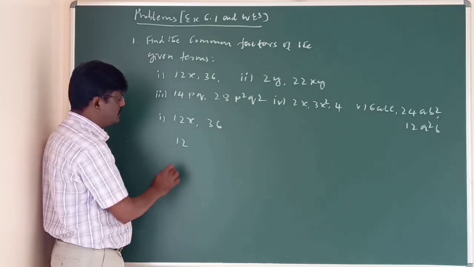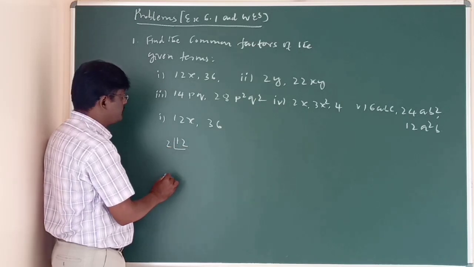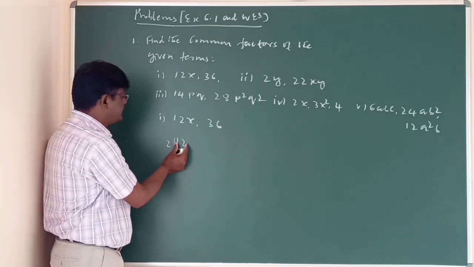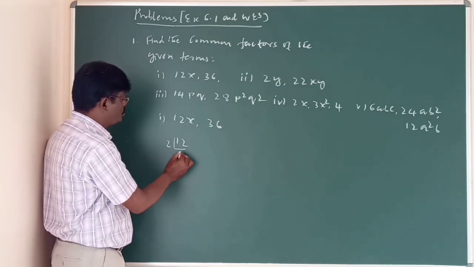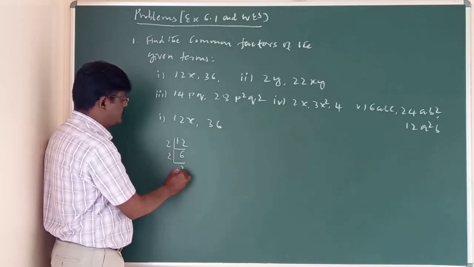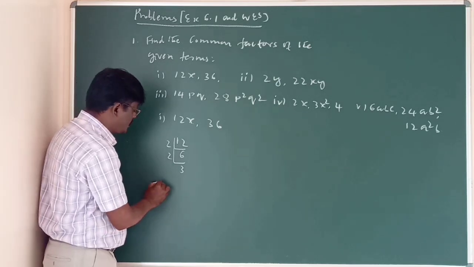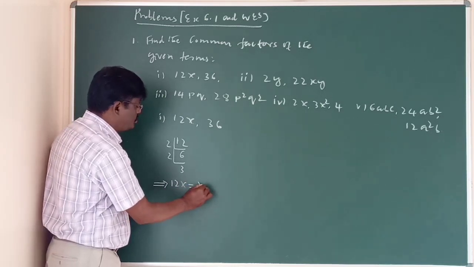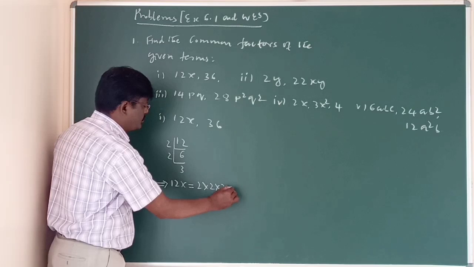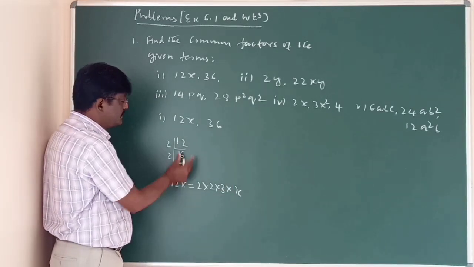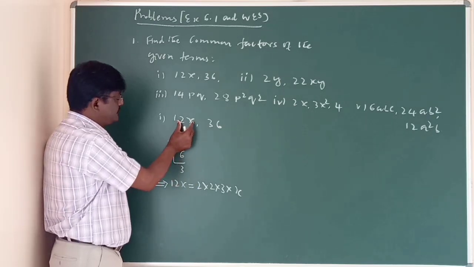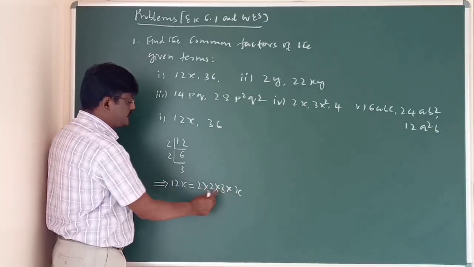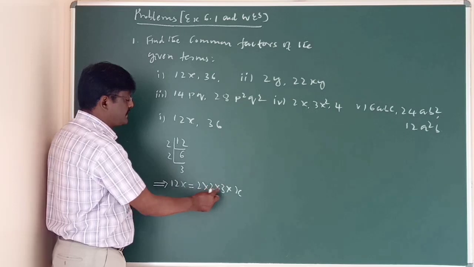Since 12 is an even number, it will be divisible by the prime number 2. 2 sixes are 12, 2 threes are 6. So 12x can be written as 2 into 2 into 3 into x. We have split it into its irreducible prime factors. If you multiply you will get this. So these are the factors.